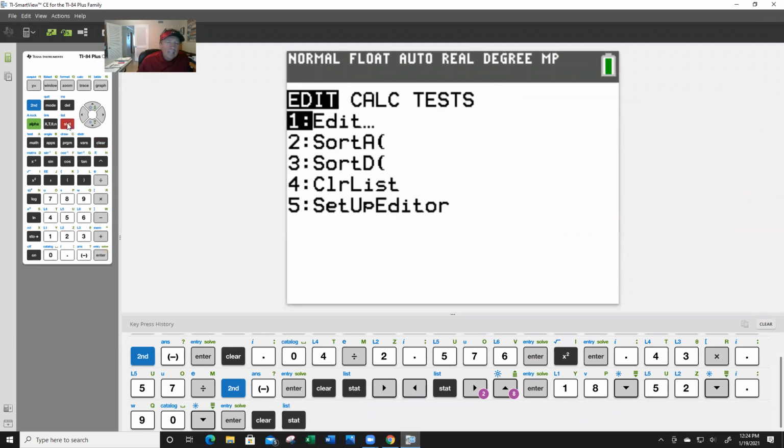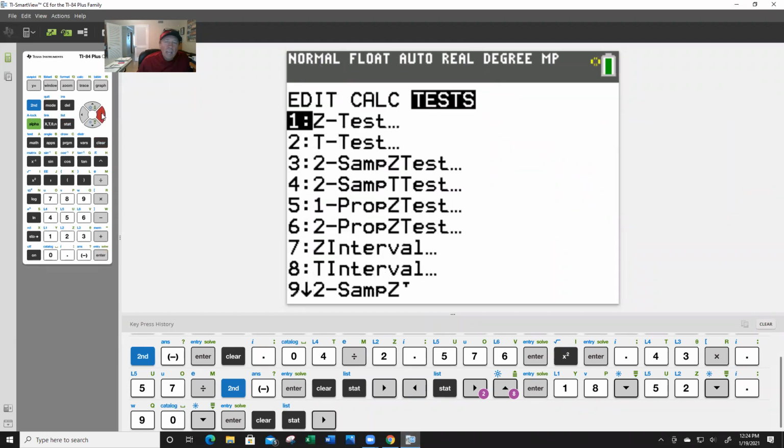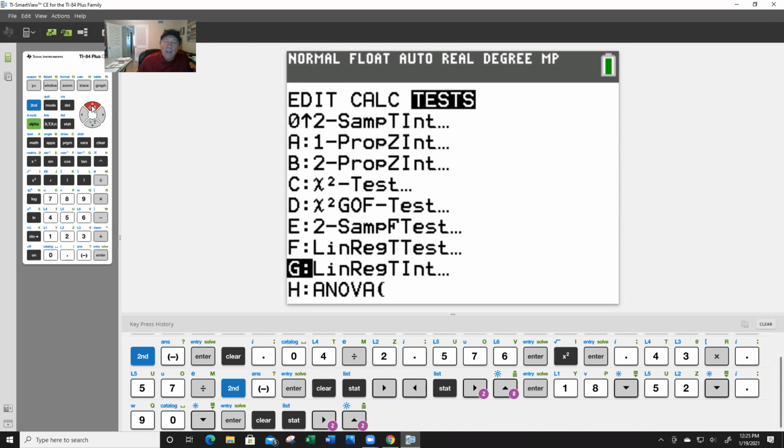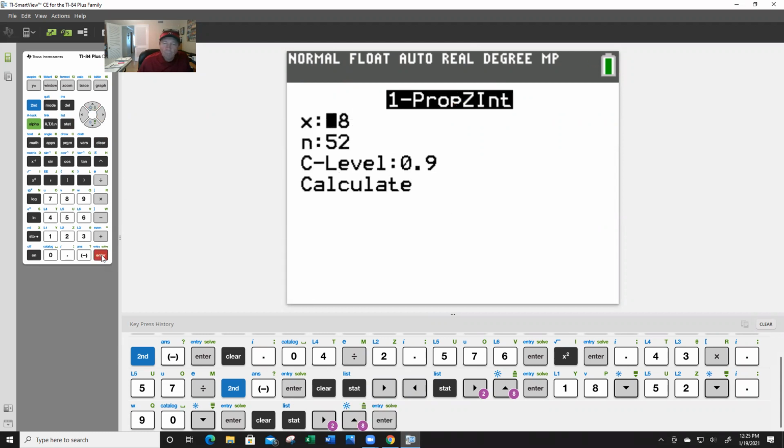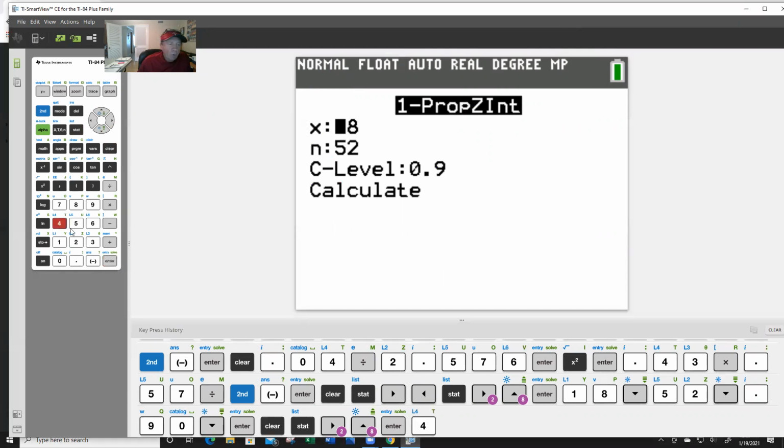You're going to go stat, arrow over to tests, and then you're going to find one prop Z interval. What were the numbers there? It was 42 over 97. So you're going to go 42 divided by 97, and it was a 95% confidence interval.